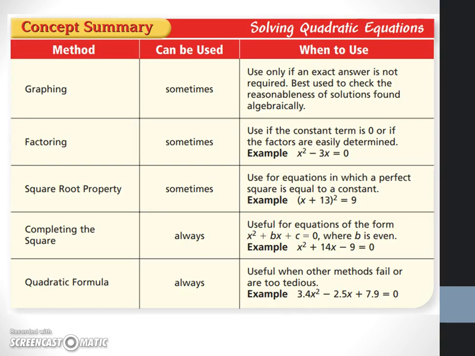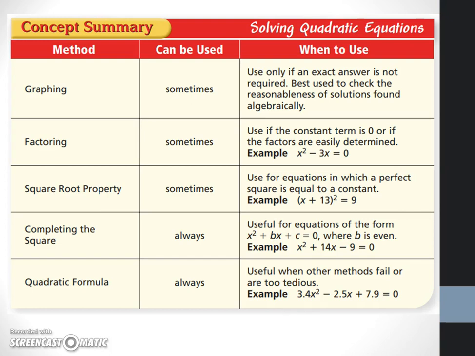Okay, last idea is the concept summary. Graphing can sometimes be used to solve, but only if an exact answer is not required. Factoring can sometimes be used to solve, only if the constant term is 0 or if the factors are easily determined. The square root property can sometimes be used for equations in which a perfect square is equal to a constant.